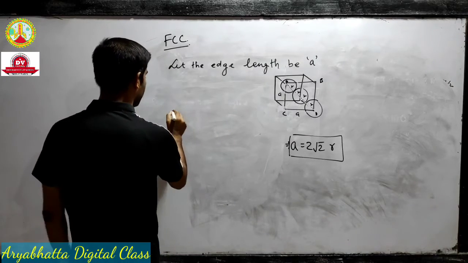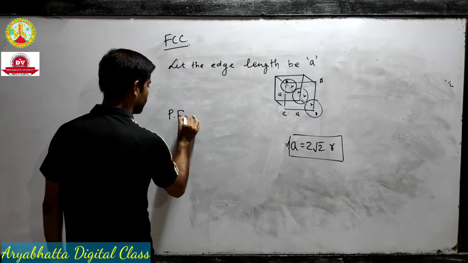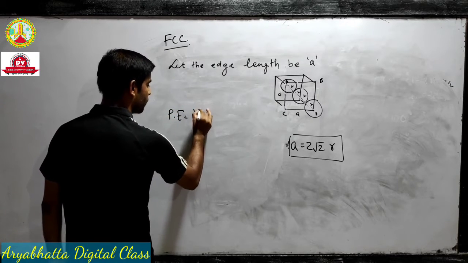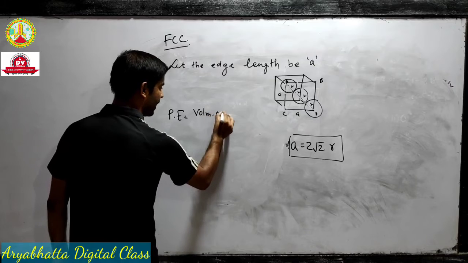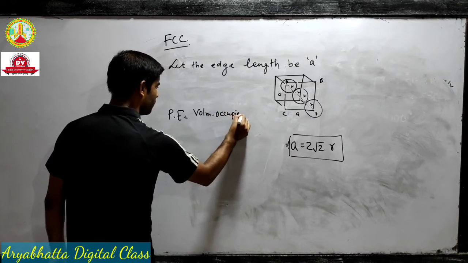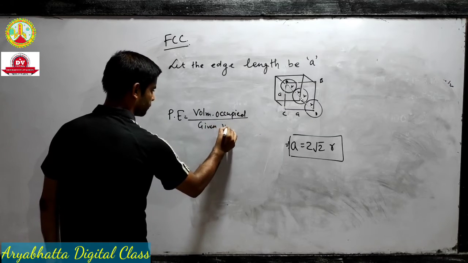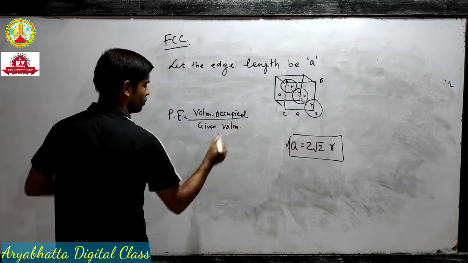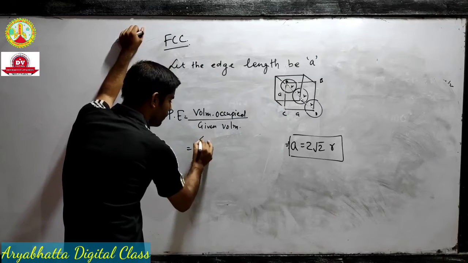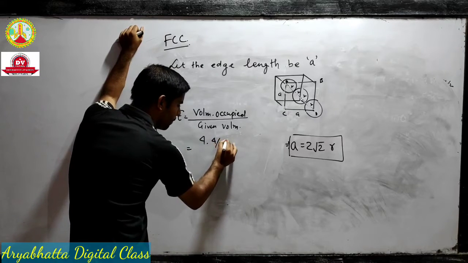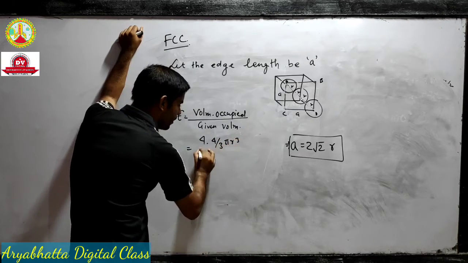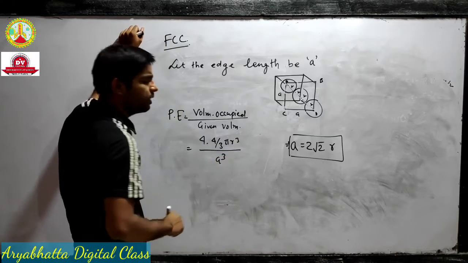So what was our formula for packing efficiency? It was volume occupied divided by given volume. We calculated occupied volume to be 4 into 4 by 3 pi R cube, and we have A cube here.